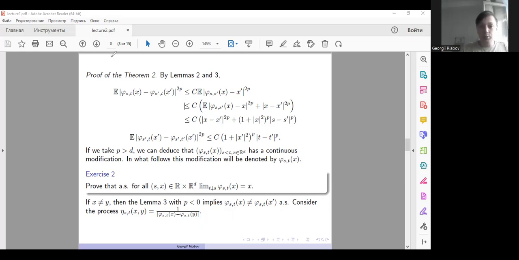What will we prove? We will prove that this process has a continuous modification. And since this process has a continuous modification, and since phi is continuous itself, it will follow that phi is injective in x. Moreover, it is injective in x for all s and t.